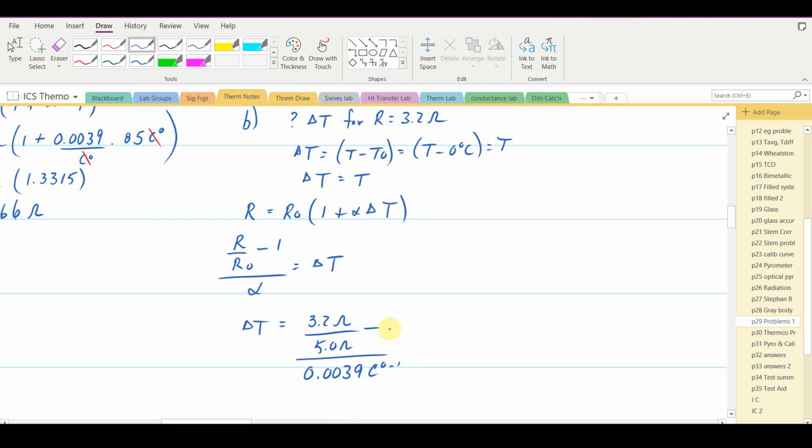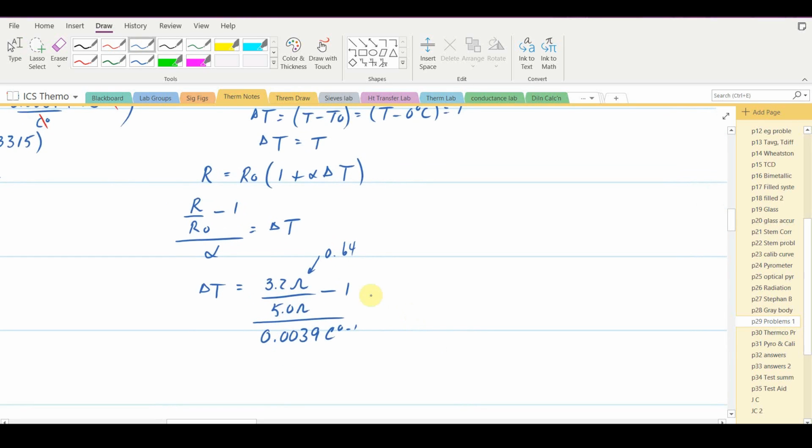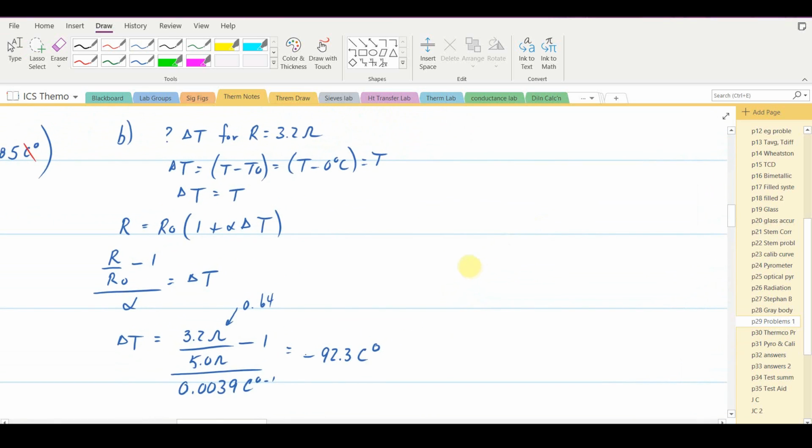So this turns out to be 0.64. Subtract 1, divided by 0.0039. This works out to be minus 92.3 Celsius degrees below the reference temperature. With the reference temperature being 0, that temperature is minus 92.3.